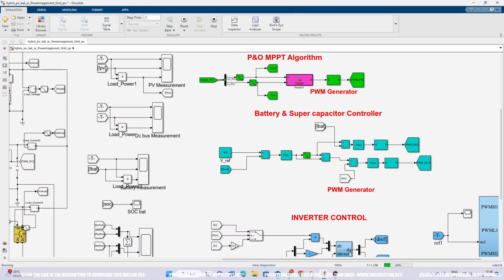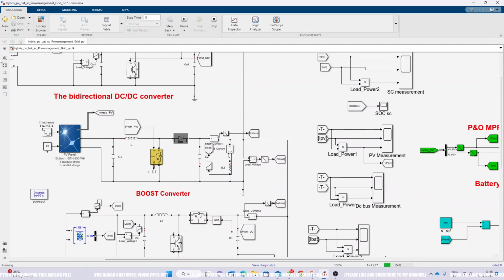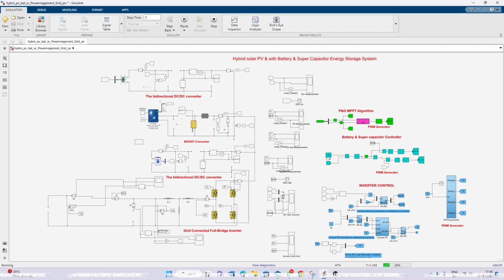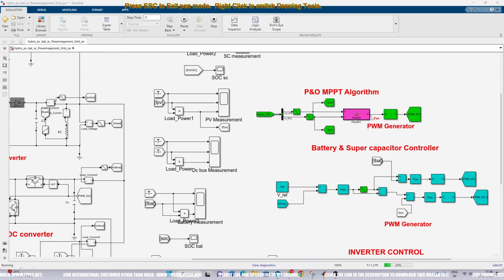This pulse controls the bidirectional converter in order to charge and discharge the battery according to the power balance in the system. And also here you can see that the output of P&O MPPT will be the duty cycle. This will be processed by a PWM generator, which generates the PWM pulse.